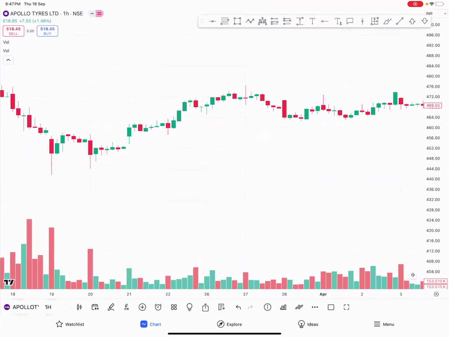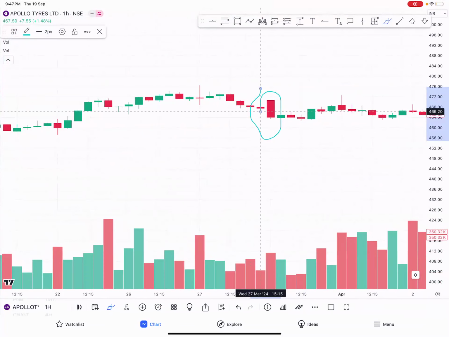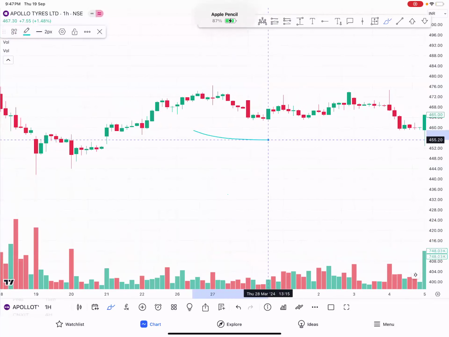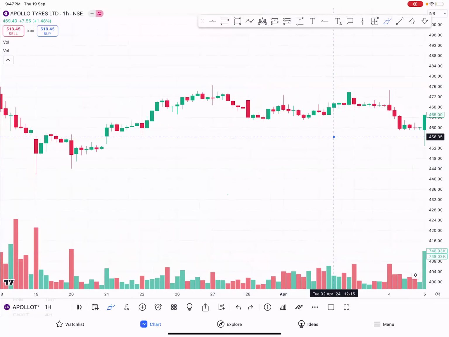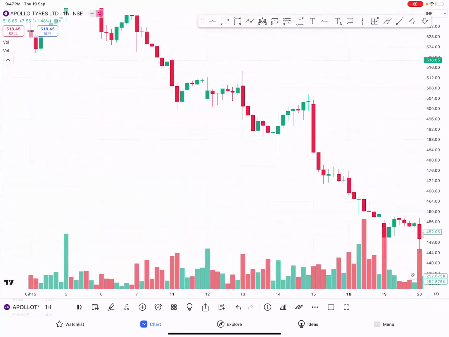Okay. So this is close to Marubozu, you can say. So if you look at this particular pattern, it is close to Marubozu. Okay. So that is something that is there. So these are some candlesticks.